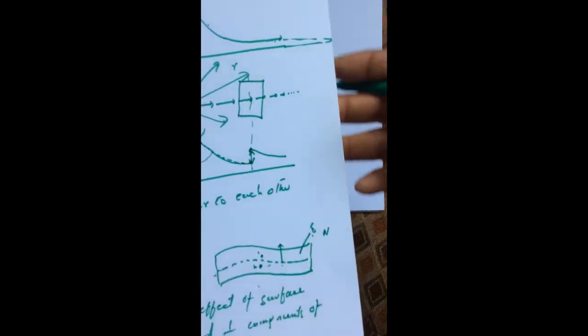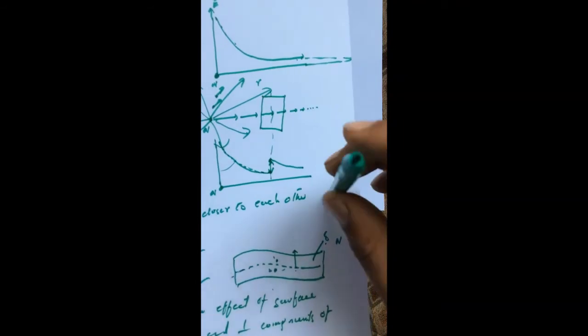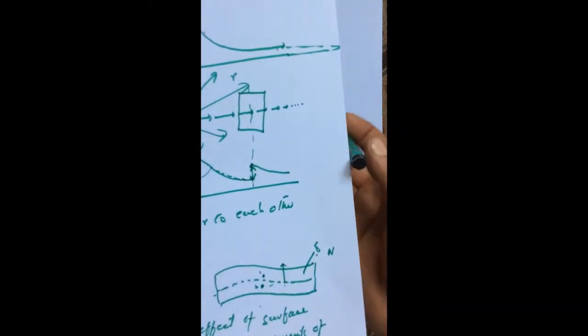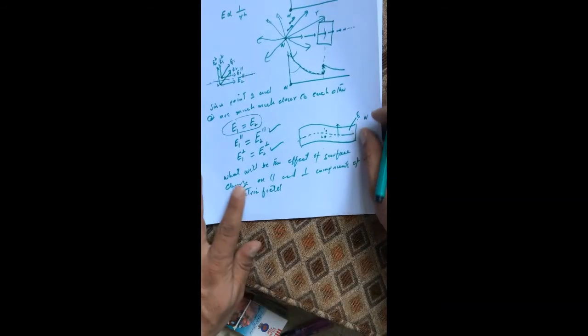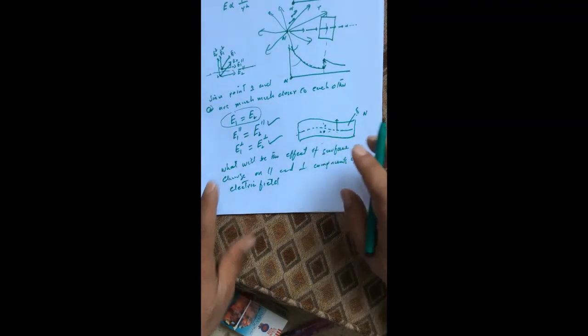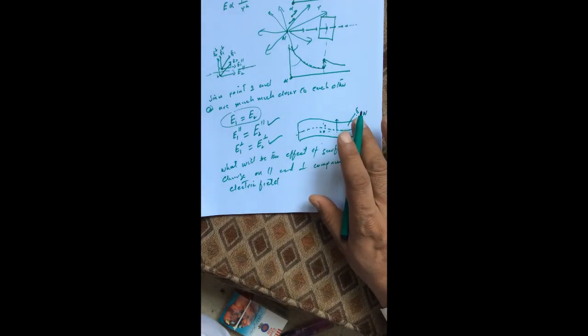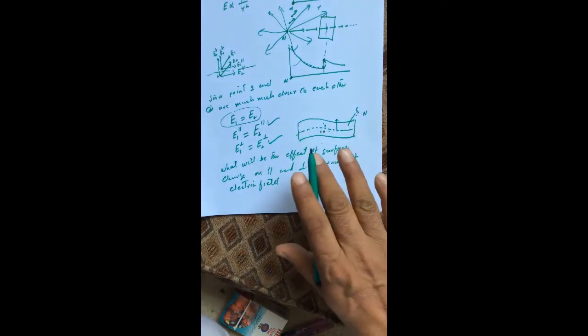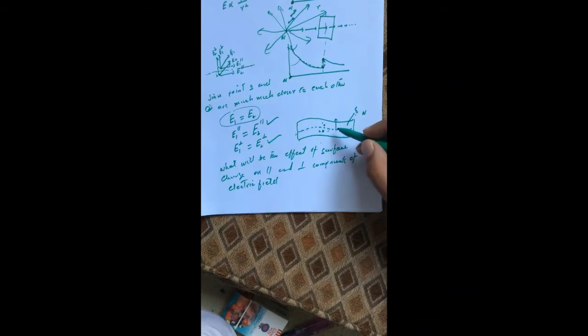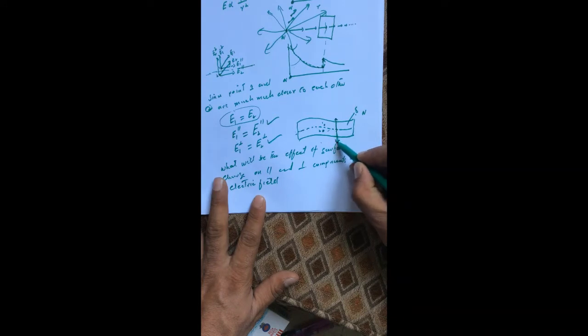This is the upper surface. This is the lower surface. If there is a charge, then the electric field here is upward, and here it is downward. So this surface has two sides: one is the top and one is the bottom. The top surface electric field is upward, and the bottom surface electric field is downward.